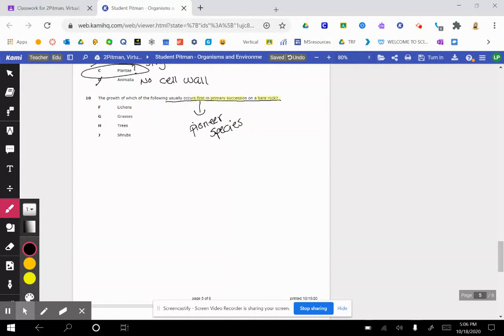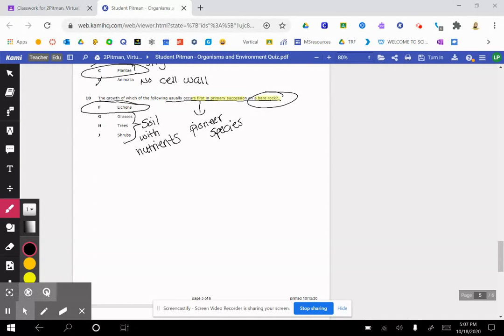And we need something that grows on bare rock. So if I look at trees, shrubs, and grasses, I know they need soil with nutrients to grow. So lichens are going to be the only thing that will grow on our bare rock.